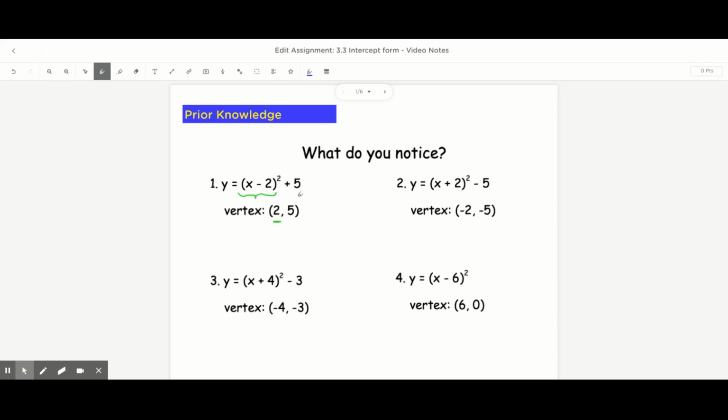But the number on the outside that's not with the x doesn't change at all. So when we saw an x plus 4, my vertex had a negative 4 for the x, and then that minus 3 stayed the same on the outside. So the vertex form helps us know what the vertex should be.